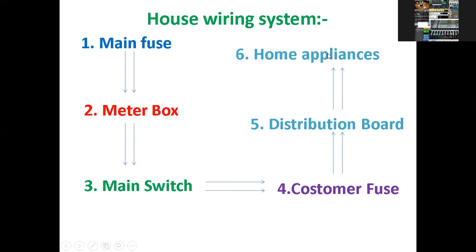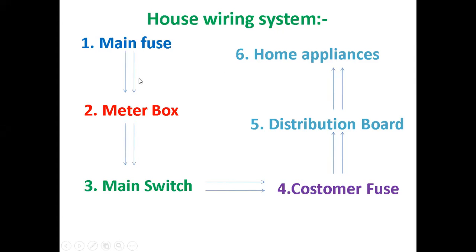From the main fuse, the wire is connected with the meter box. Meter box means the tool which gives the units of electricity we consume. And from the meter box, it is connected with the main switch, which is outside the meter box.